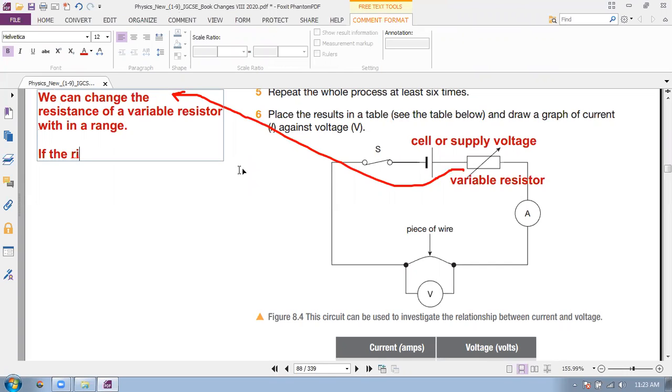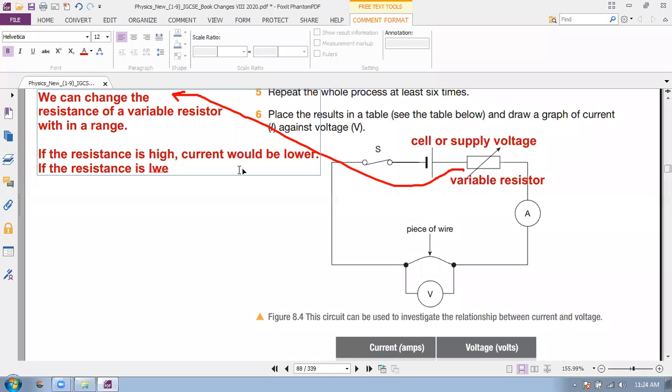If the resistance is high, if we kept the resistance high, current would be lower. If the resistance is lower, current would be higher. So at first we kept the maximum resistance.